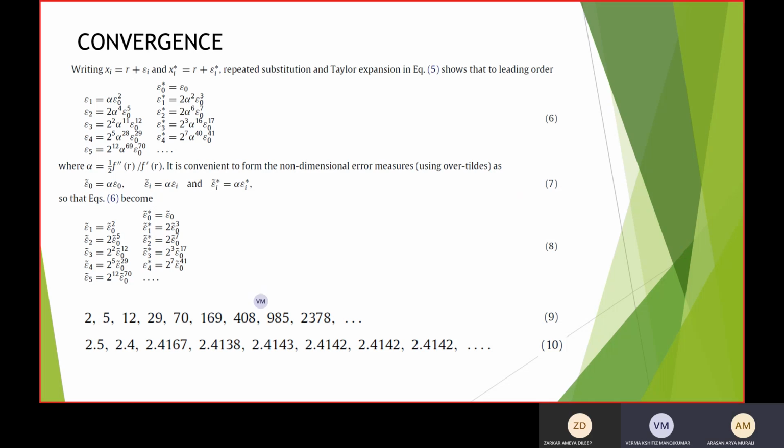We can see in equation 8 that the powers of epsilon 0 tilde are 2, 5, 12, 29, 70, etc. And the successive ratios of these powers are 2.5, that is 5 divided by 2, 12 divided by 5 is 2.4, 29 divided by 12 is 2.4167, and so on.